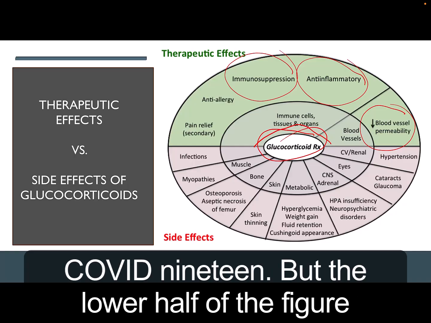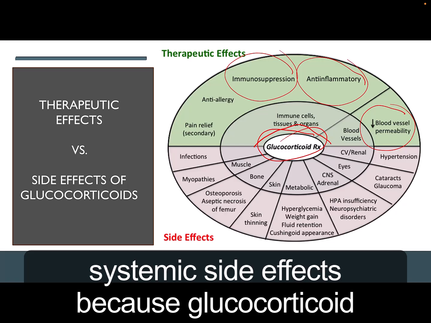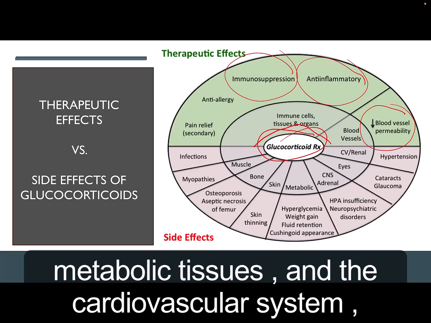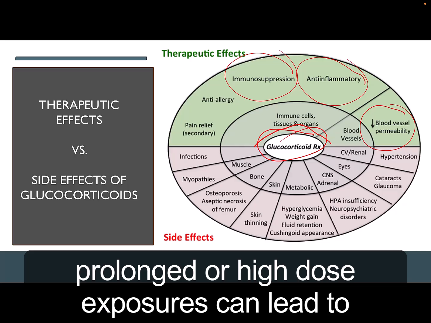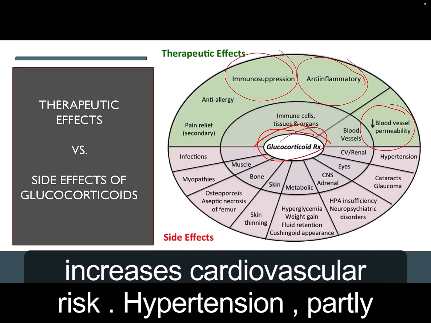But the lower half of the figure reminds us that these benefits are inseparable from systemic side effects. Because glucocorticoid receptors are expressed in muscle, bone, skin, brain, metabolic tissues, and the cardiovascular system, prolonged or high-dose exposures can lead to hyperglycemia, weight gain, and fluid retention, which increases cardiovascular risk.